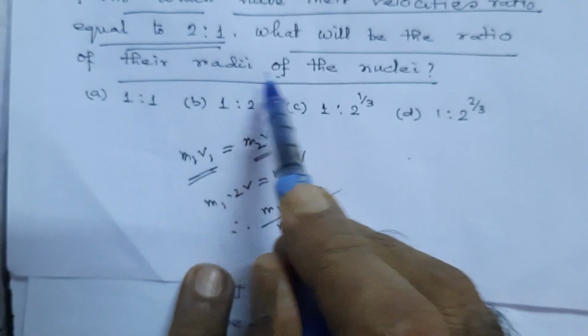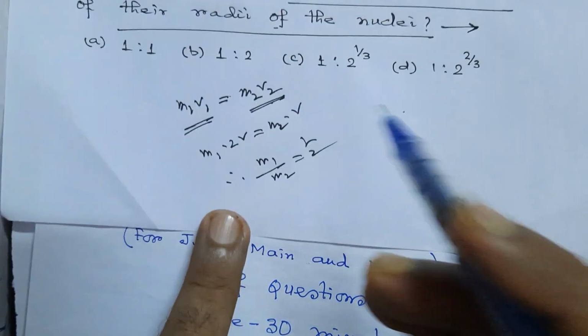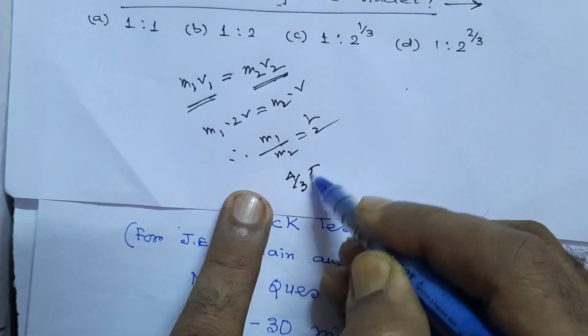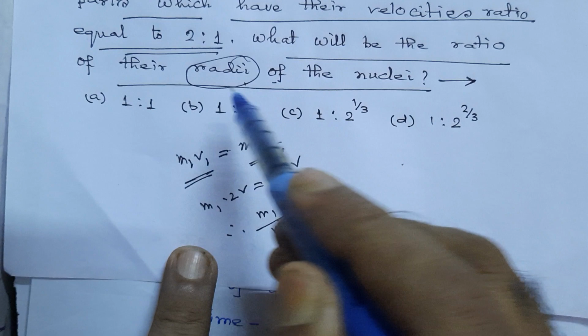Let the nuclei be spherical in shape, then m1 equals 4/3 pi r1 cube into rho, since we are to express it in terms of radii.